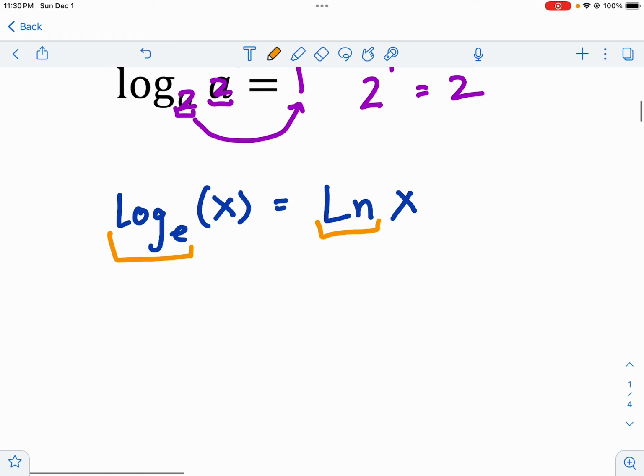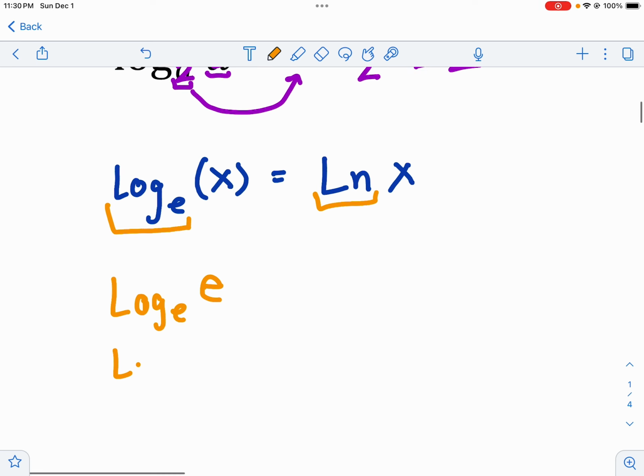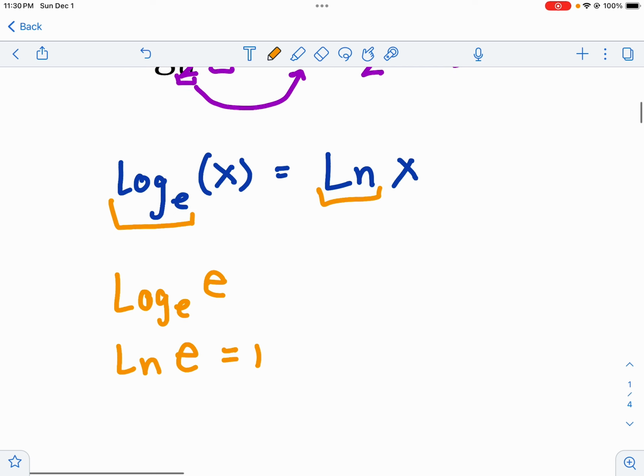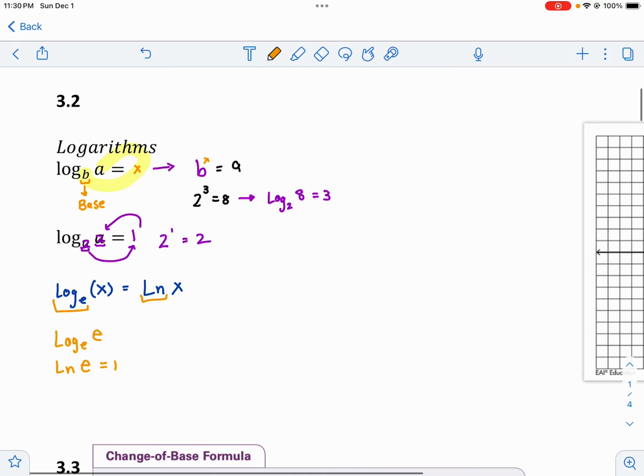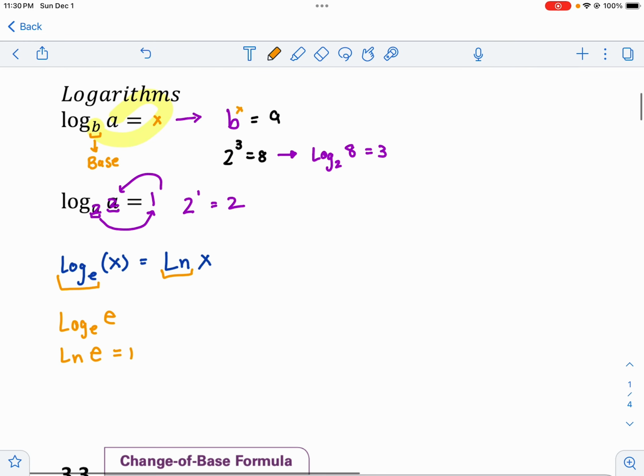So similarly, log base e of e, which is the same thing as the natural log of e, is equal to 1. Okay, these two you can kind of think about how they reduce. Technically, they don't reduce, but you can think about it that way, and they will become 1. Okay, and then quickly, log base 10 looks very similar.